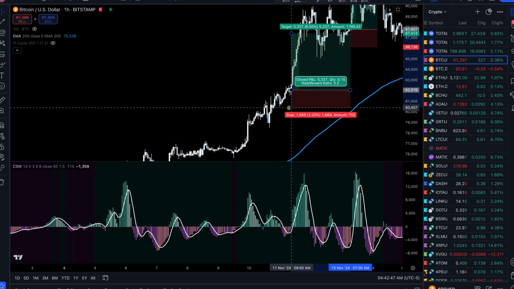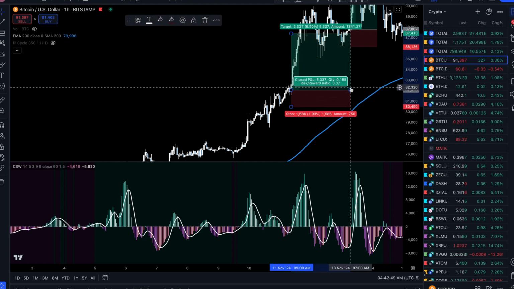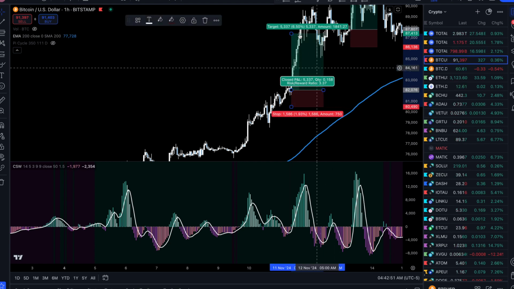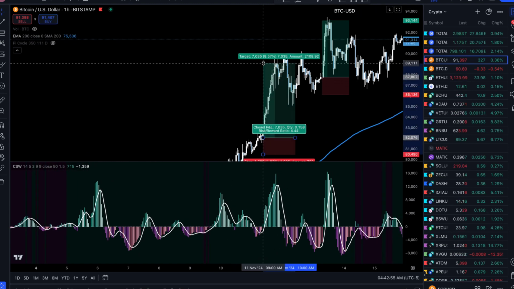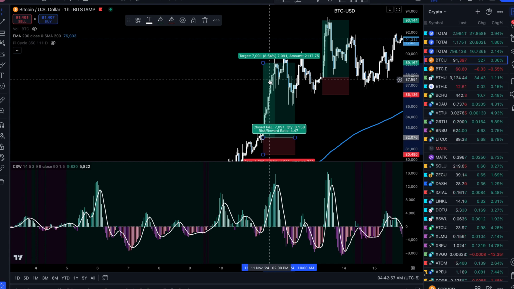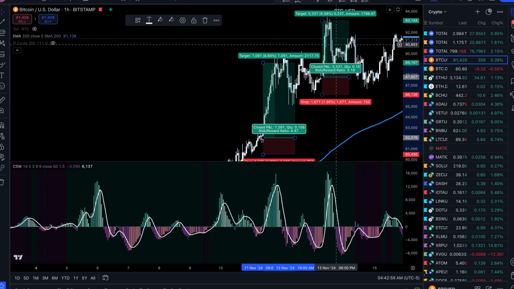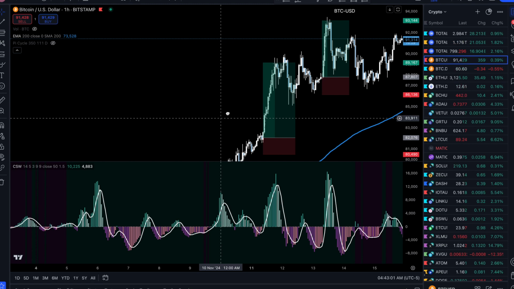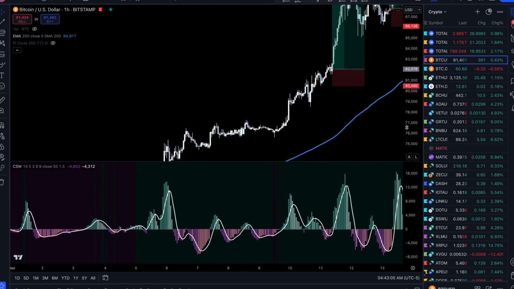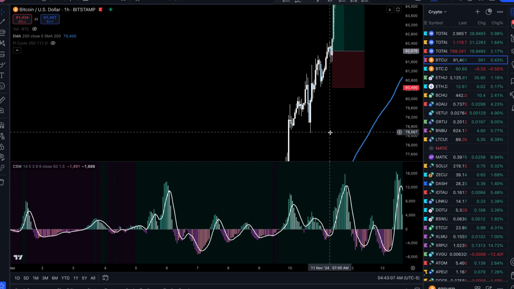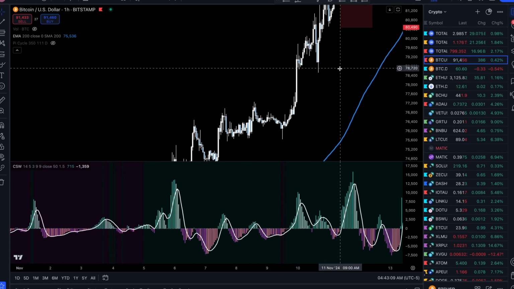I don't want it to get below this line. Fix it up a little bit, and a little bit up right here. That's your second, 8%. The first one was 6%, the second one 8%.